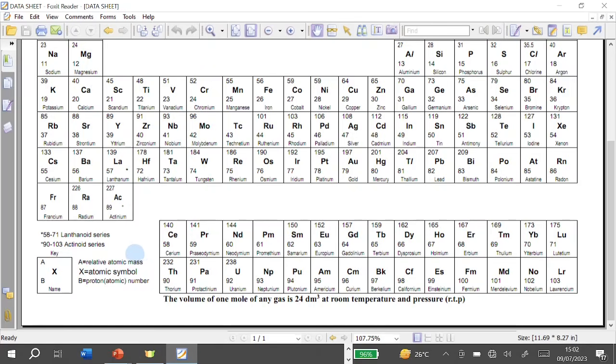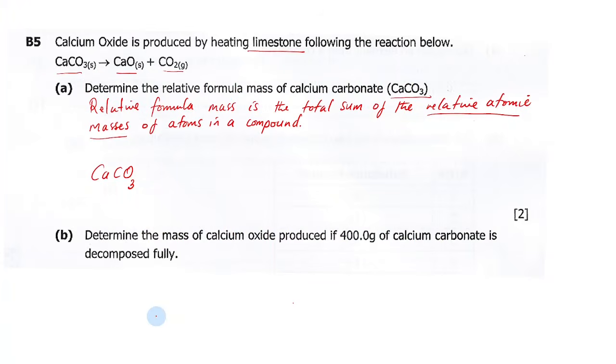Let me go to calcium. Can you see calcium? Yes. This is the symbol for calcium, and the number here is the relative atomic mass for calcium. So it's 40. So let's come here and say the relative atomic mass for calcium is 40.